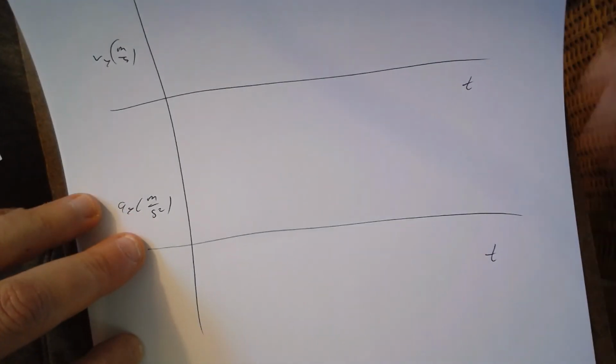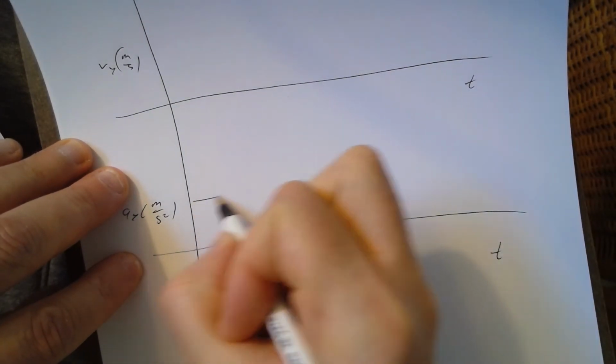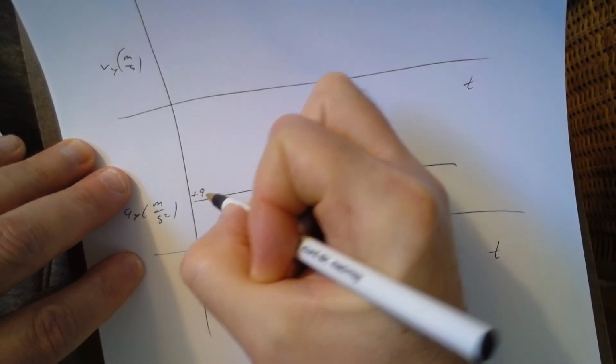All right. The acceleration graph is easy. I'll do the easiest one first. That's a constant acceleration. I made my downward direction positive, so that'll be a positive 9.8 meters per second squared constant acceleration.